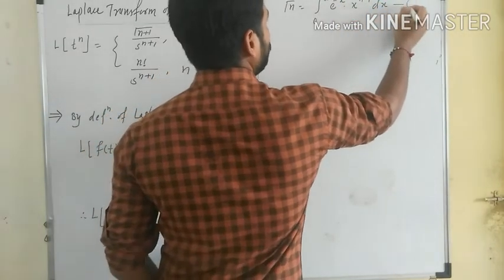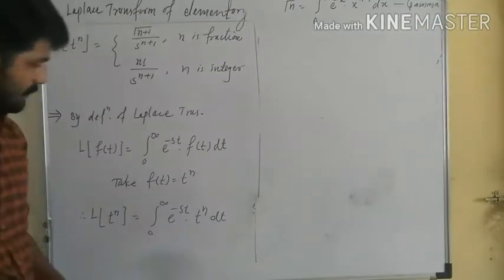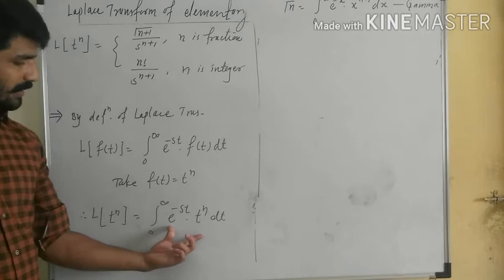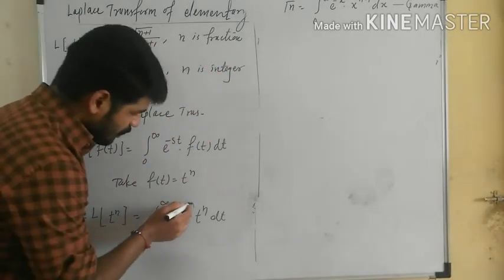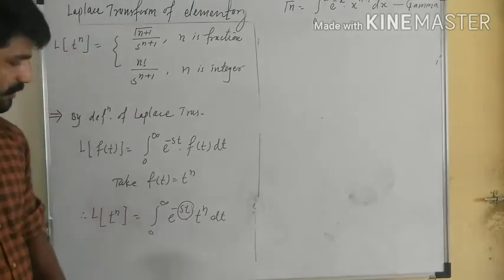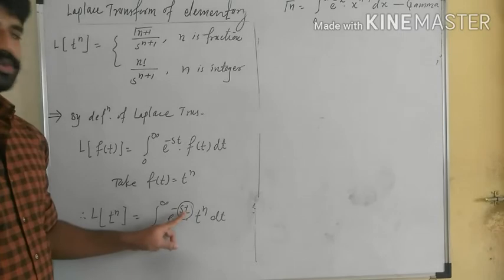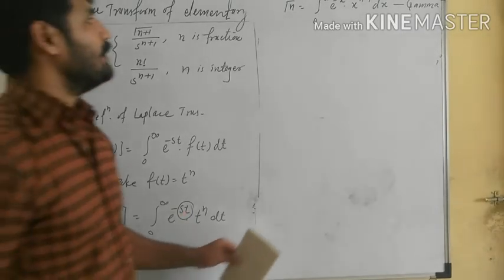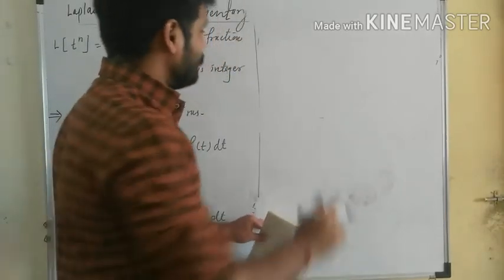So if we see this integral, we can convert this integral in terms of gamma function by taking substitution for st, because here we require a single variable only.